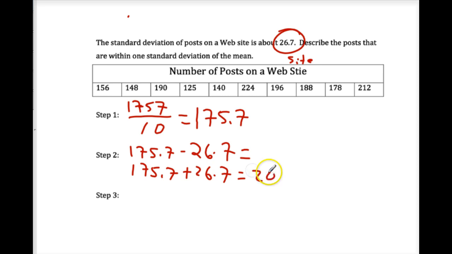The big one's 202.4. What's the small one? I got 149. 149 when you subtract it, and 202.4 when you add it.